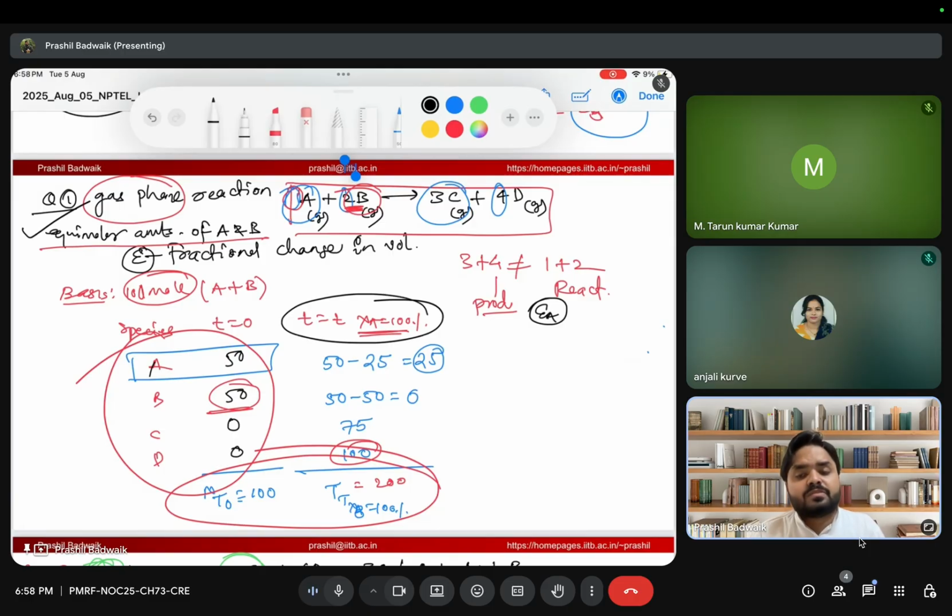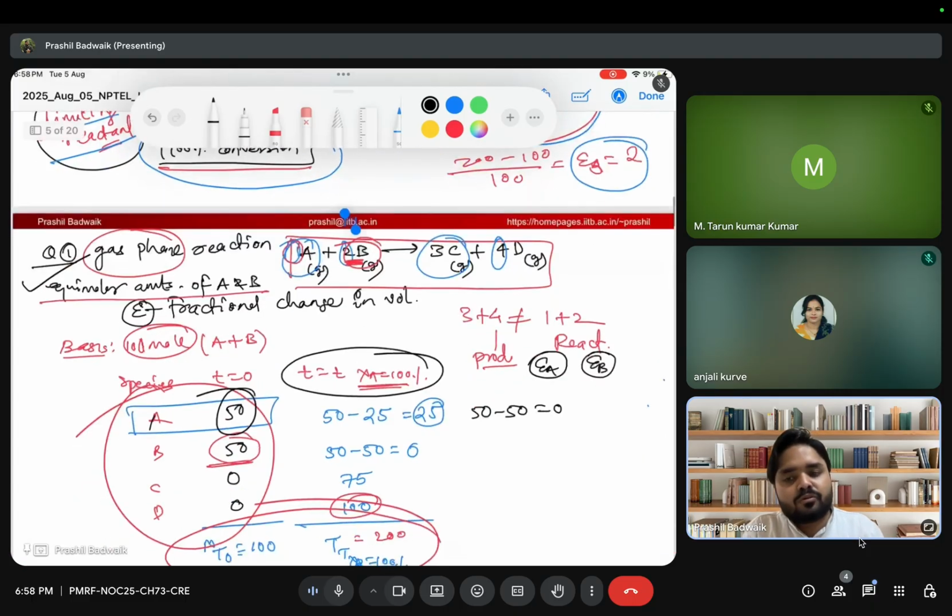Fractional change in volume with respect to A. It means 100% conversion of A has happened. In epsilon B, we converted B into product and assumed that B has converted completely. Now we are assuming A. So how much A is present? 50. 50 has converted. Remaining is 0.